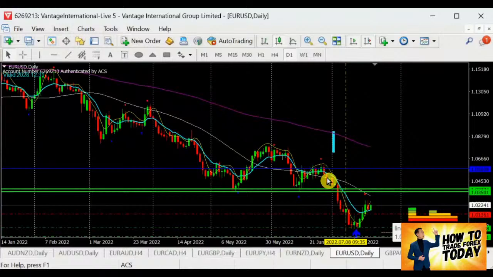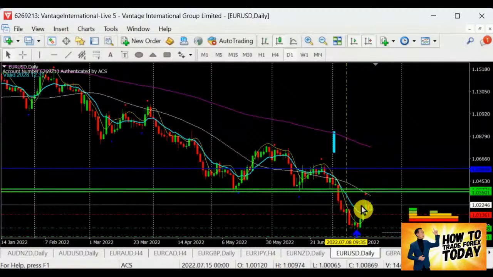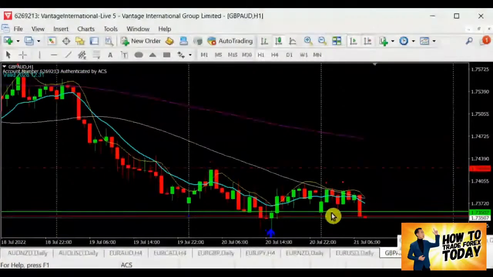I have stopped selling euro dollar ever since it hit the 1:1, and that's it. No more. I won't be touching it. So at the moment, at this point, I will not be selling. I'll be looking out for another, better opportunity when it comes to sell. So tentatively, no.